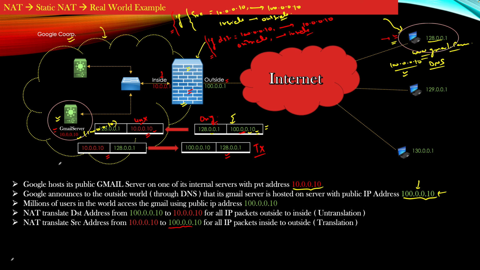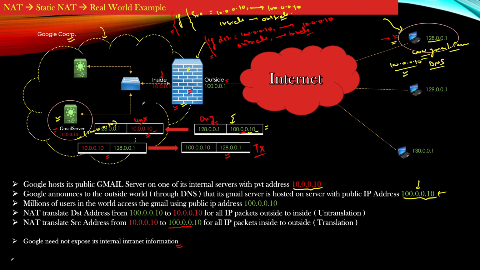Whenever you access Gmail server, Google Drive, or any Microsoft internal website, always remember that your packet is subjected to network address translation at the firewall device installed by those organizations. So Google need not expose its internal intranet information to the outside world.